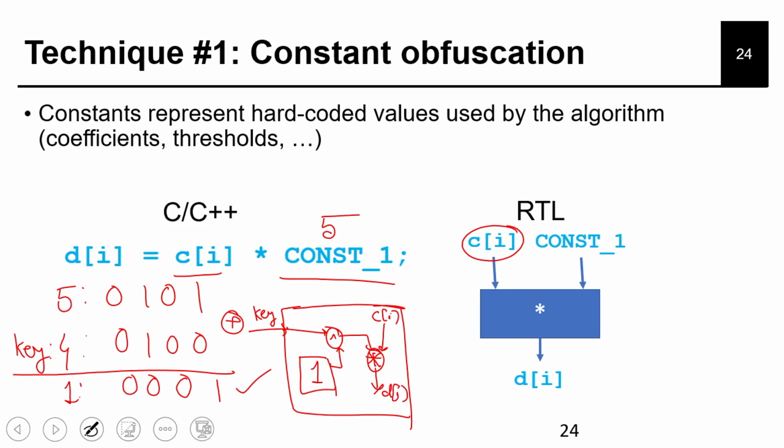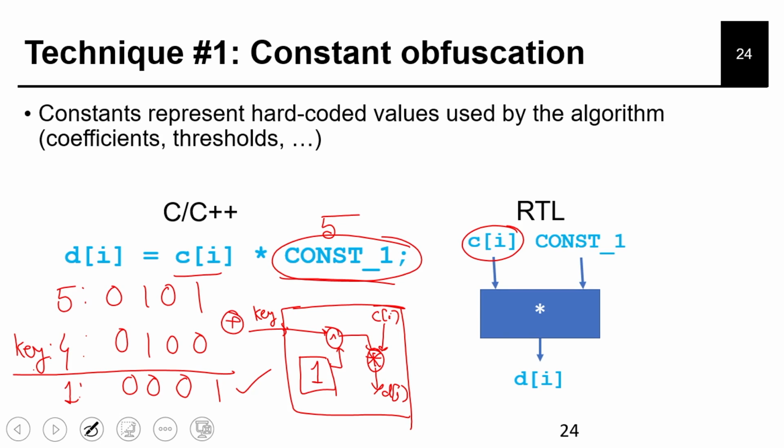So, in hardware I will store the obfuscated value 1. The user will think that 1 is the correct value, but the actual correct value is 5, and if you do not give the correct key value, this will never be 5, right. So, effectively I make this a variable, and he has to guess it, because this 1 does not help him. He needs the value 4, and only then will he get 5. If he does not know the key is 4, he will not be able to get the correct operation, right.